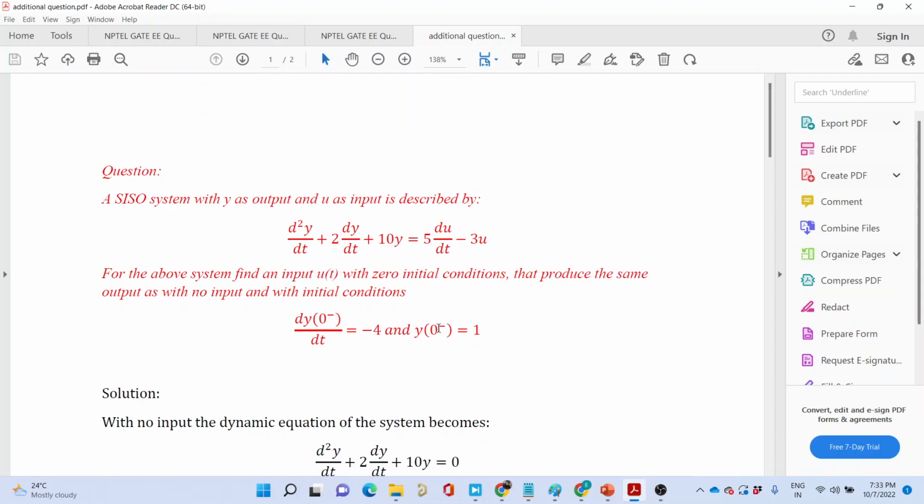No, the things that are given are true only for 0 minus. These are dynamic equations. Y is not remaining constant. This is only at some instant it has been told to you. Initially, before I have started, the system has these values. You cannot simply replace dy by dt with minus 4 and y with 1.